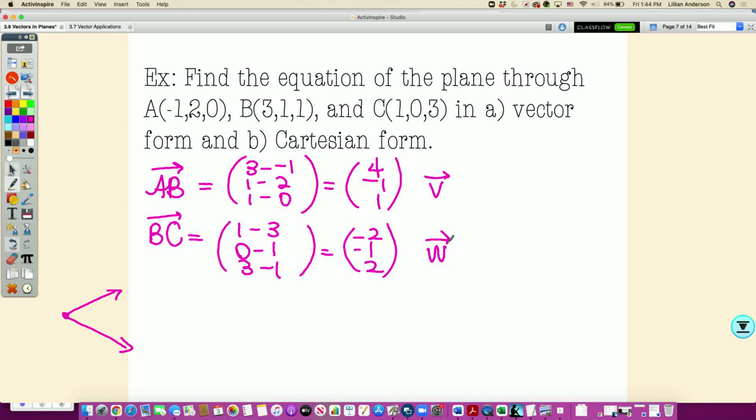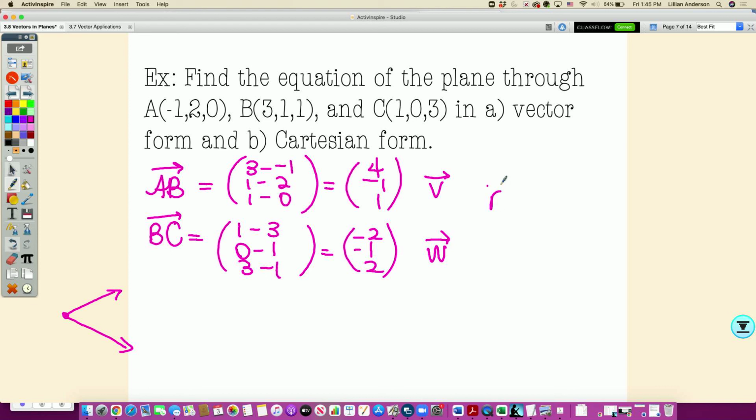So for our two non-parallel vectors, now all we need is a fixed point. It does not matter which point you use, but it doesn't hurt just to use the first one.